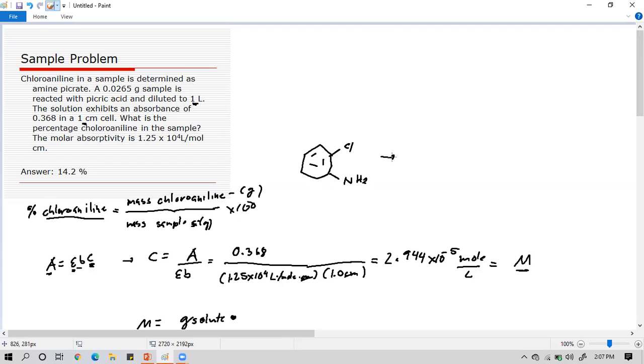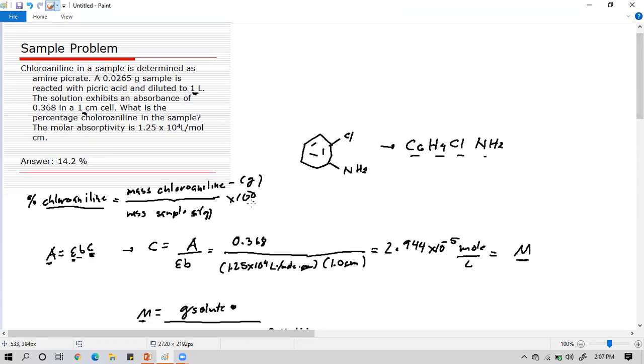So, in order to get the molecular formula of it, ayan, C6H4ClNH2. Ayan yung molecular formula niya. Now, in order to get the molecular weight, isasum nyo lang yung mga atomic weights niya and their corresponding multiplier based on the number of atoms in the molecule here, and you will get the value.